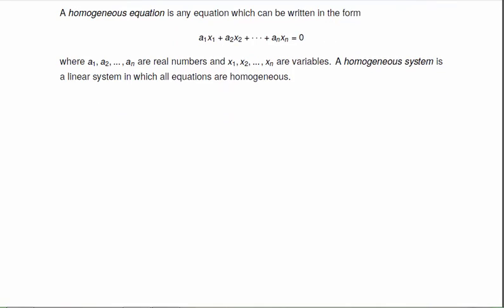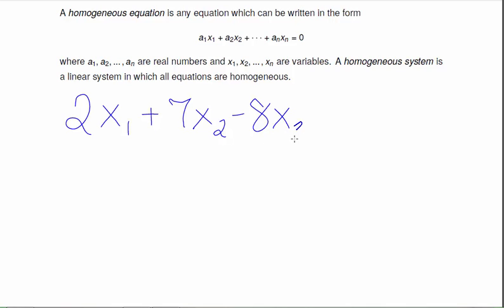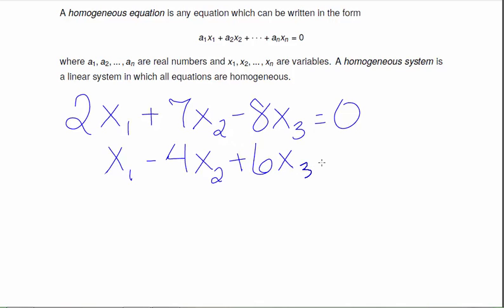So an example of a homogeneous system: 2x1 plus 7x2 minus 8x3 equal to 0. x1 minus 4x2 plus 6x3 equal to 0.